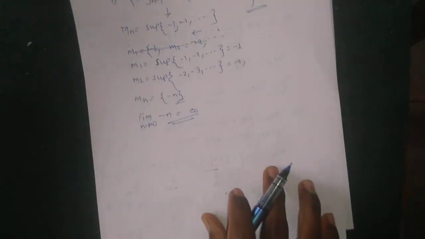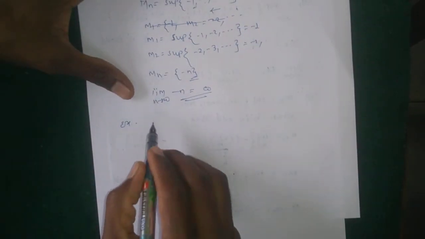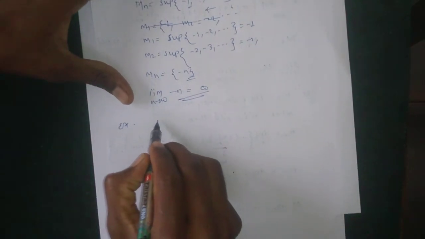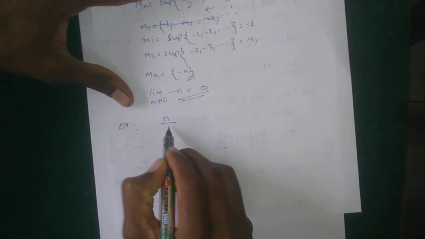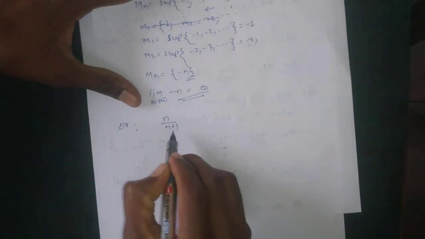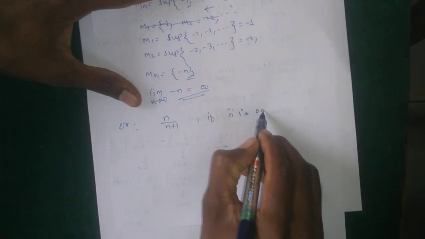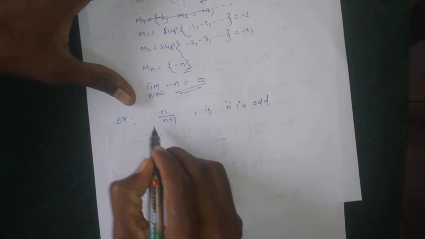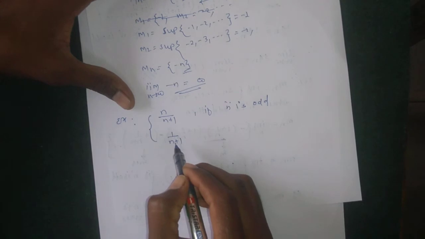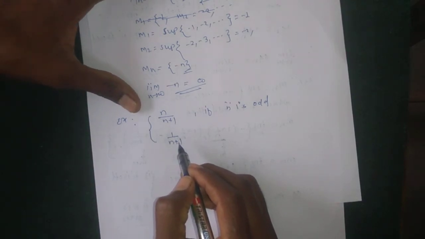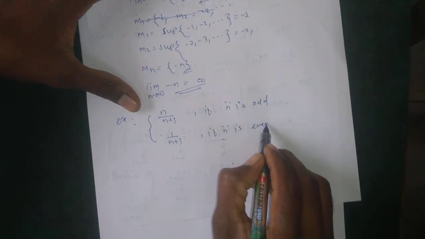Here is the next example. Suppose the sequence Sn is equal to n divided by n plus 1 if n is odd, and 1 upon n plus 1 if n is even.